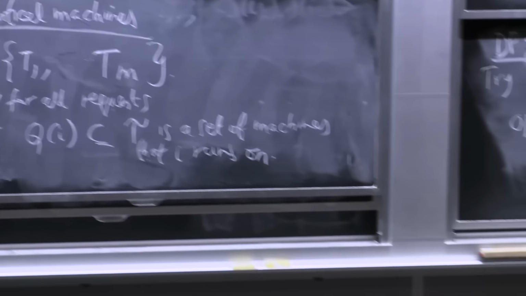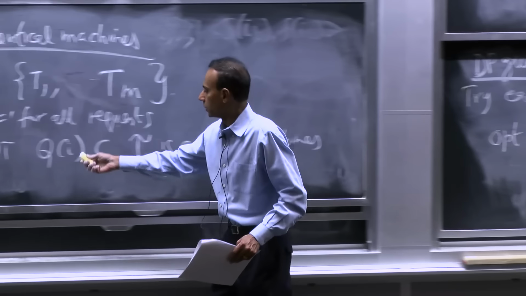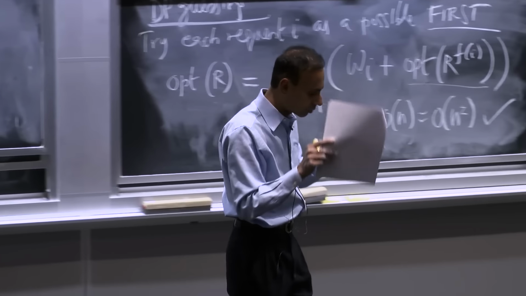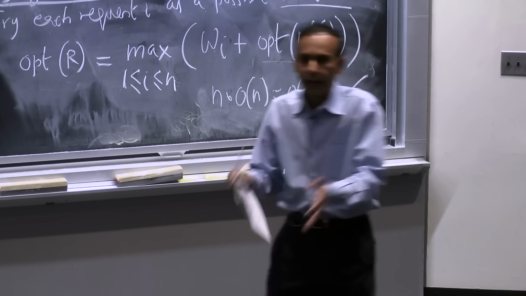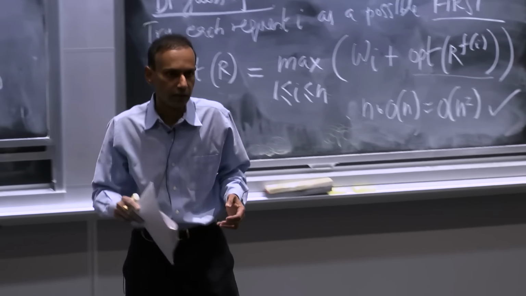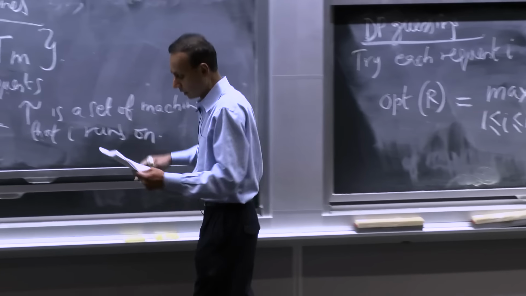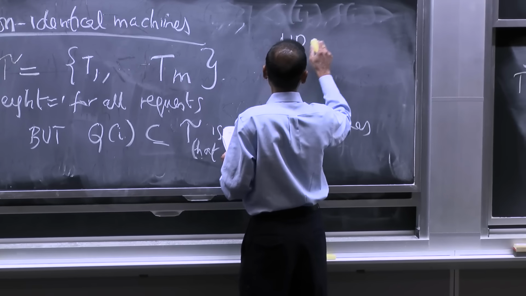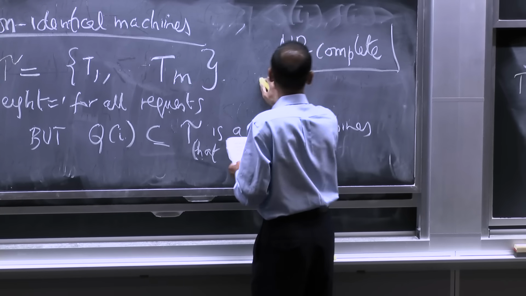Q of I is going to be specified for each of the I's. So you could even have 2 machines. And you could say, here's a set of requests that could run on both machines. Here's a set that only runs on the first machine. And here's another set that runs on the second machine. Right? That's a simple example of this generalization. If you do this, this problem has been shown to be NP complete.